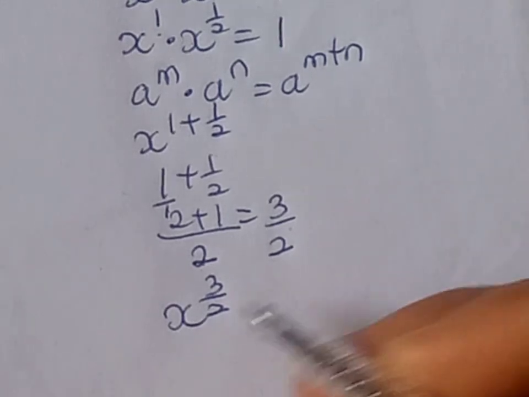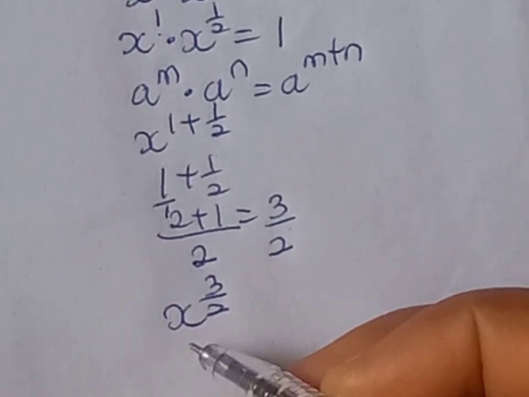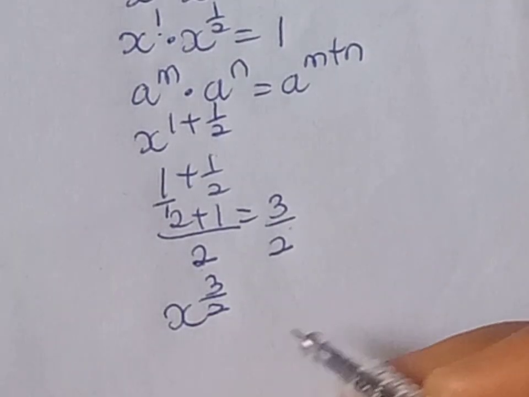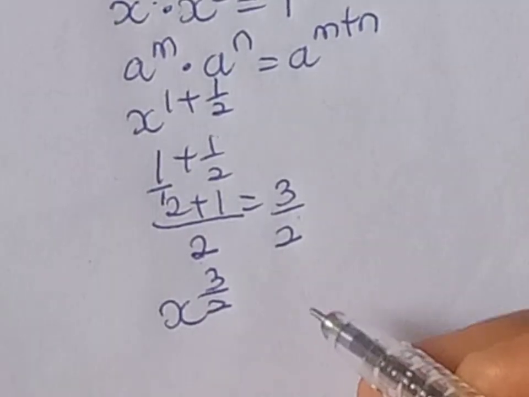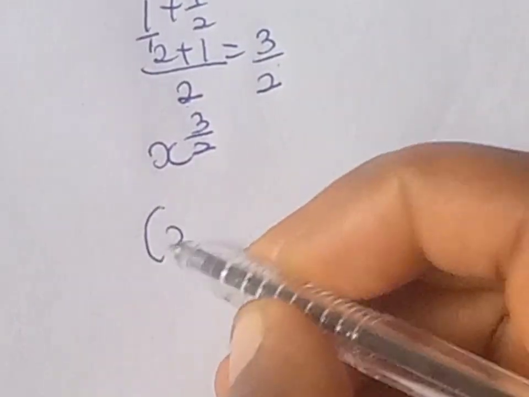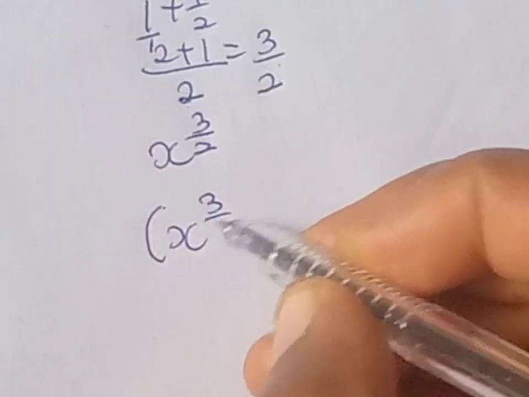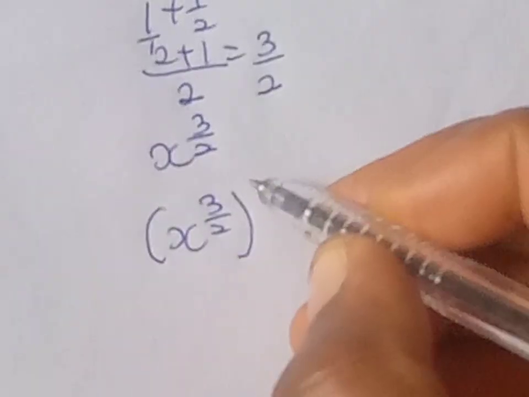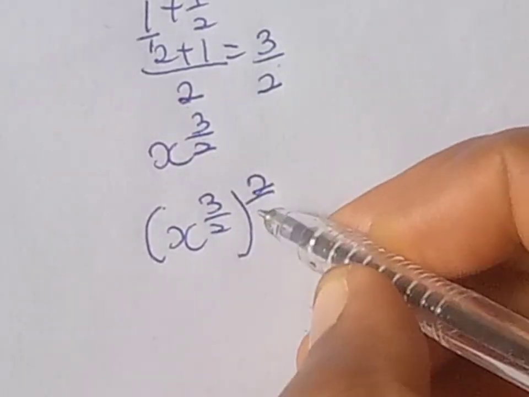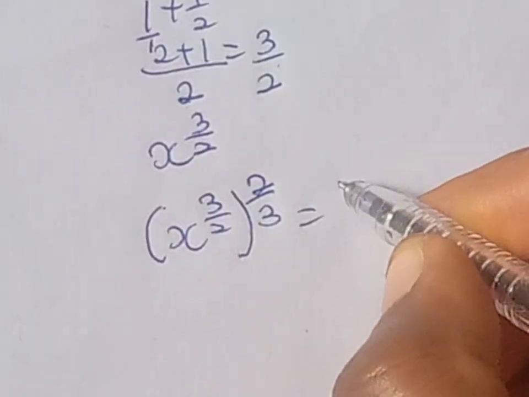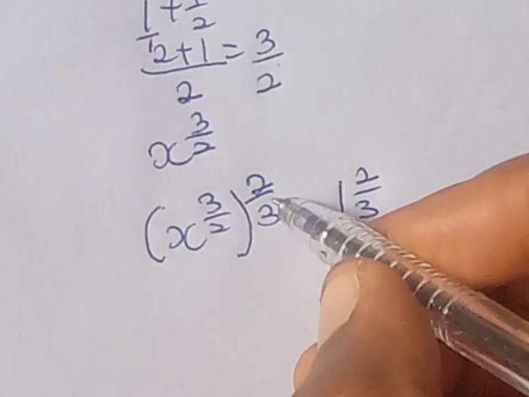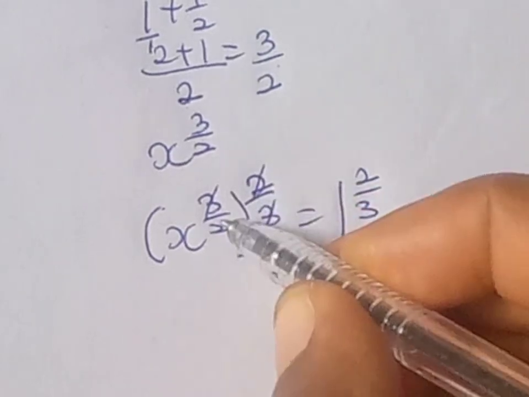In order for us to isolate our x here, we just have to raise both sides to the reciprocal power, which is 2 over 3. That means x raised to the power 3 over 2, then let's put the reciprocal 2 over 3, equals 1 raised to the power 2 over 3. 3 cancels 3, 2 cancels 2.